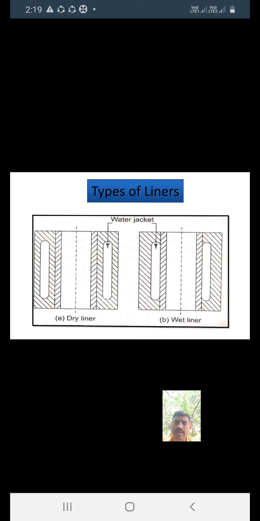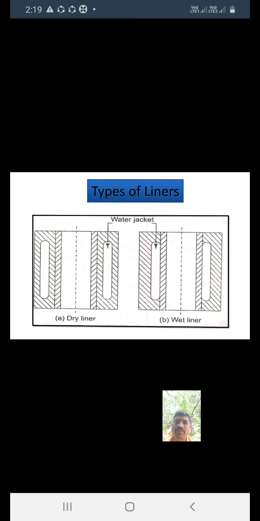Are there any advantages of wet liners? Yes. Cylinder blocks are easy to manufacture with the wet liner. Cylinder blocks are relieved of the longitudinal stresses due to the more thermal expansion of the liner, and cooling is more effective due to the contact of the water jacket.